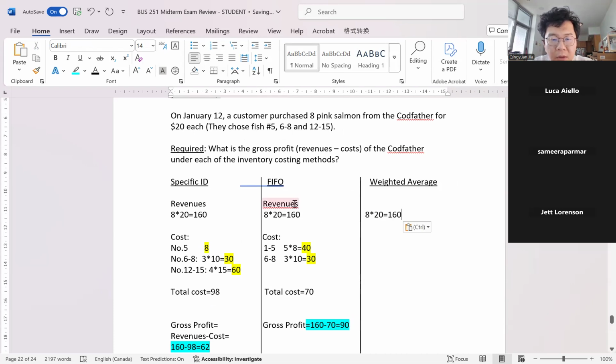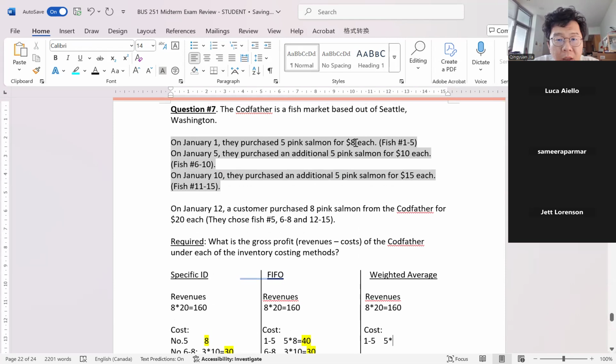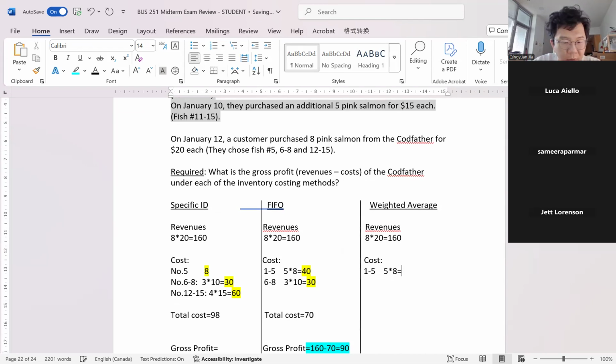And for the cost, for the fish 1 to 5, 5 fish times 8 equals 40.